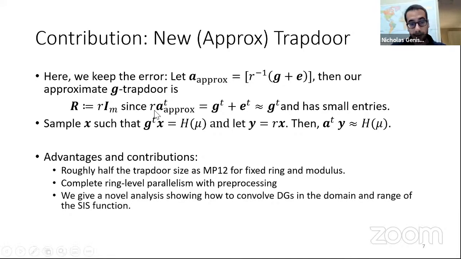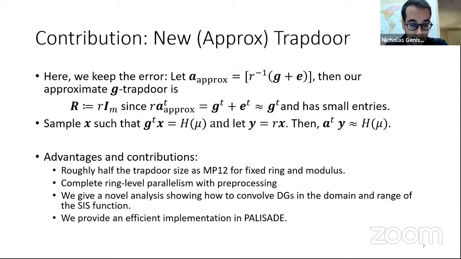Also, this gives complete parallelism down to the ring level. I say with pre-processing here, but it's also in the pre-processing, because when you skew the sample, you're just doing it by a diagonal covariance. So when you perturb, you also have to perturb in a way with another diagonal covariance.